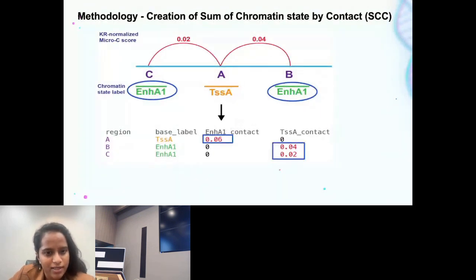And you have region B and C, which contact the TSS A. So it is in the column TSS A contact, and the rows correspond to region B and region C. Generating a matrix like this summarizes the complex network of interactions into a format that can be easily analyzed using clustering techniques. Our basic goal on the ASCS matrix is to capture both the strength of the interactions, using the Micro-C scores, and the types of chromatin states it has contact with.